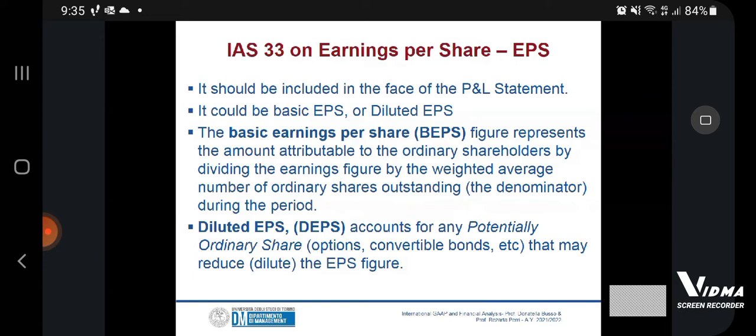If you have issued them, you have to take them into account as if they will be executed, all of them. So not partly, not with a certain percentage, but as we will see, we will assume that all of them are going to be converted into common shares.